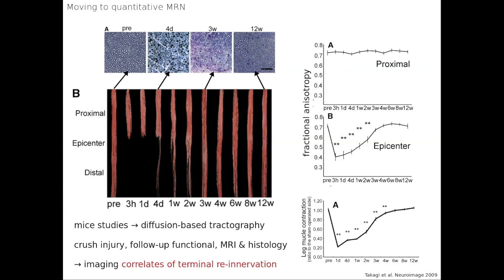And they could clearly show that some diffusion metrics, especially the fractional anisotropy, correlated well with the terminal re-innervation. So that means that on the right side, you have the fractional anisotropy of the nerve proximal to the nerve injury at different time periods from before to after the crush injury. You see that proximal to the nerve lesion, you didn't have any changes of the fractional anisotropy, but distal to the crush injury, you had a much lower fractional anisotropy, meaning that the diffusion process wasn't restricted as much anymore because of the loss of the myelin sheath and the nerve structures.